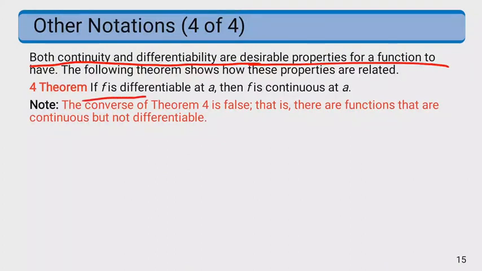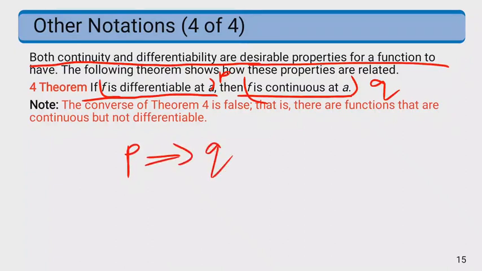If f is differentiable at a, then f is continuous at a. In fact, if we take this statement to be P, and this part of the statement to be Q, we are saying P implies Q. So if a function is differentiable at a point, then we can conclude that the function is continuous.